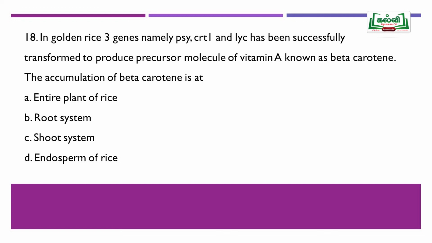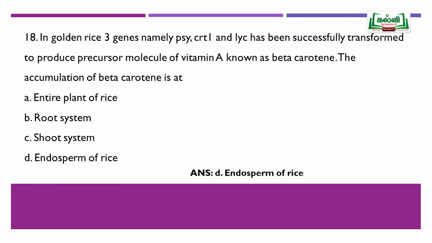We humans depend only on the endosperm of the rice. That only we are consuming as a food source, as a carbohydrate source. So, if the expression of beta carotene takes place only in the endosperm, that will be very useful for us. So, the correct option: in golden rice, the accumulation of beta carotene takes place in the endosperm of rice. So, the option is D, endosperm of rice.